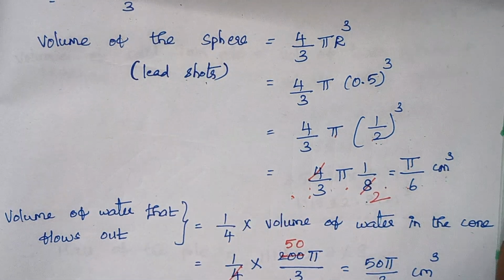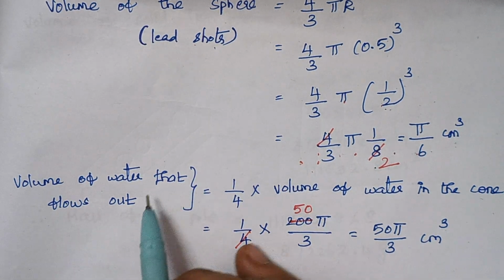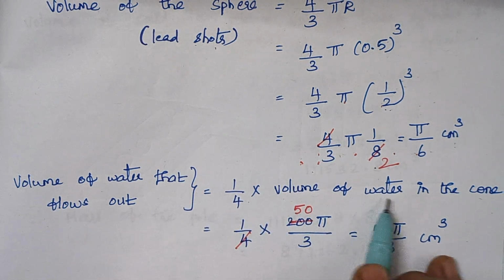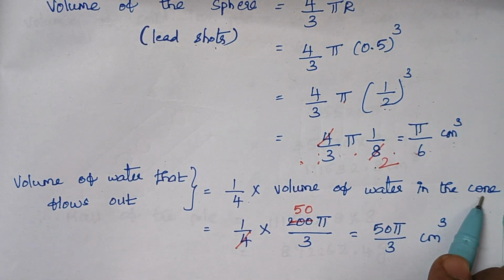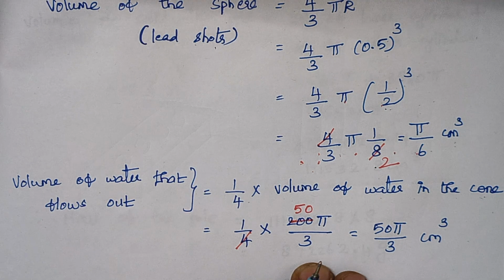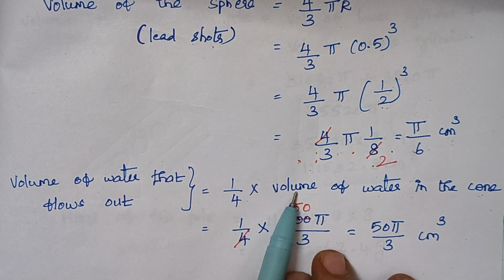So what is the volume of water that flows out? Volume of water that flows out is equal to 1/4 into volume of water in the cone. Because what they are telling is, we are dropping some lead shots into the water, so that 1/4 of the volume of the water flows out.